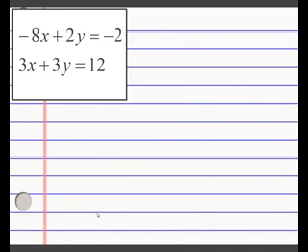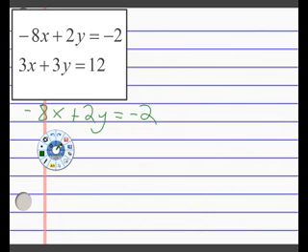So this last set of practice problems, I picked 2 problems that were not solved for y yet. So we'll have to work both of these out. Let's do negative 8x plus 2y equals negative 2. Begin by doing the opposite of my x's there. I'm going to add 8x to both sides.